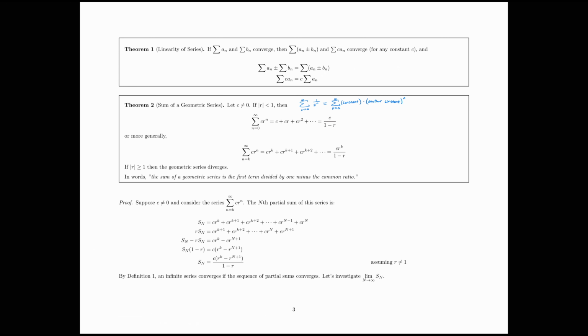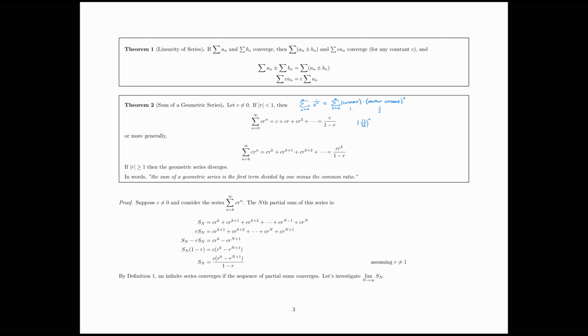In this case, that constant is 1, and the other constant that is being raised to the nth power is a half. So really, it's 1 times a half raised to the nth power. That is our series right here.